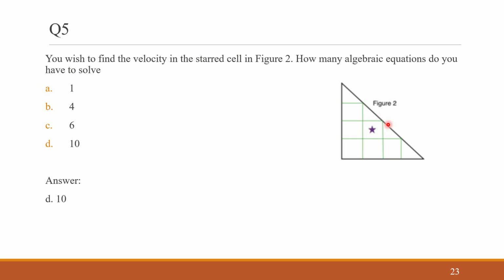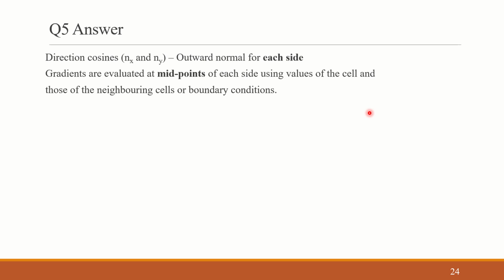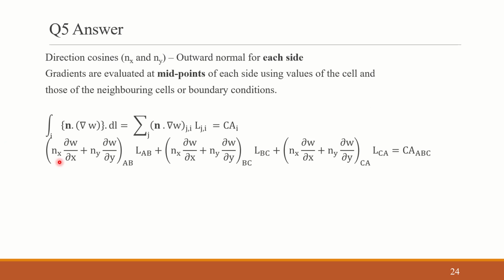And sometimes the velocity might be given, and those points we will be accounting for later. Written out, it is nx into dou w by dou x plus ny into dou w by dou y over ab into lab, plus nx into dou w by dou x plus ny into dou w by dou y over bc into lbc, plus nx into dou w by dou x plus ny into dou w by dou y over the side ca into lca, equal to c into the area abc.